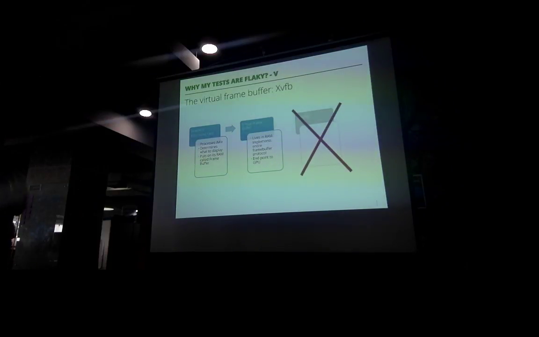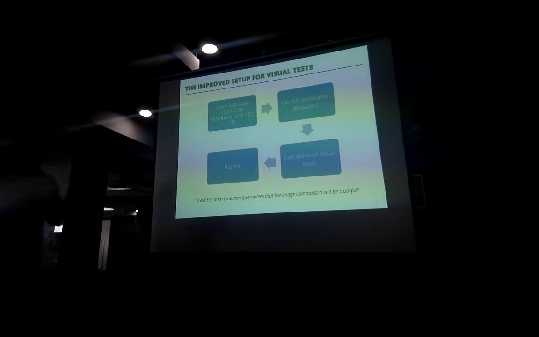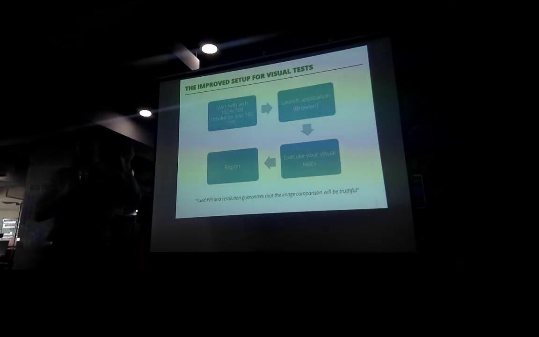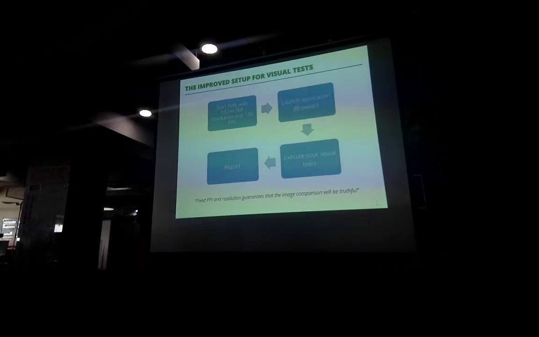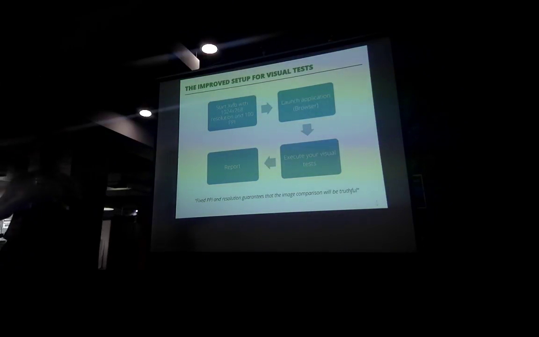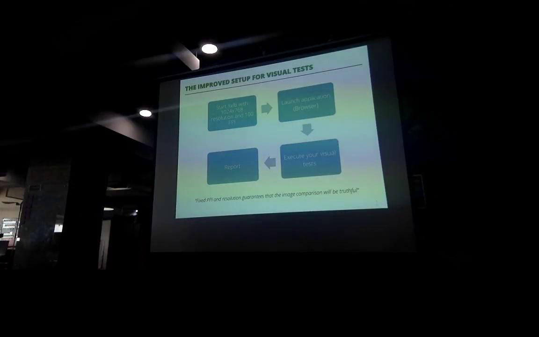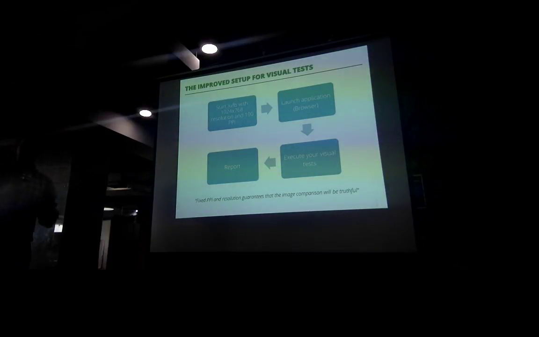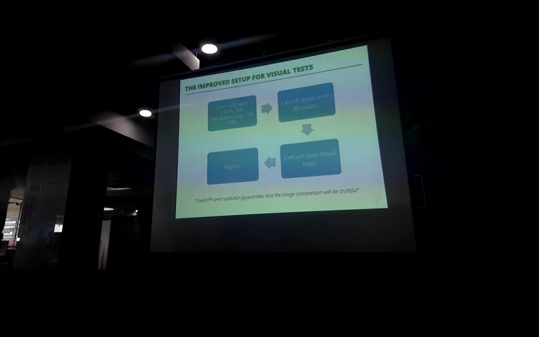So we took this XVFB, and now we are able to start an XVFB process with a fixed resolution and a fixed whole number PPI. That's the important part, the fixed whole number PPI. That guarantees that each pixel of the same image taken 1,000 times is going to be exactly the same.